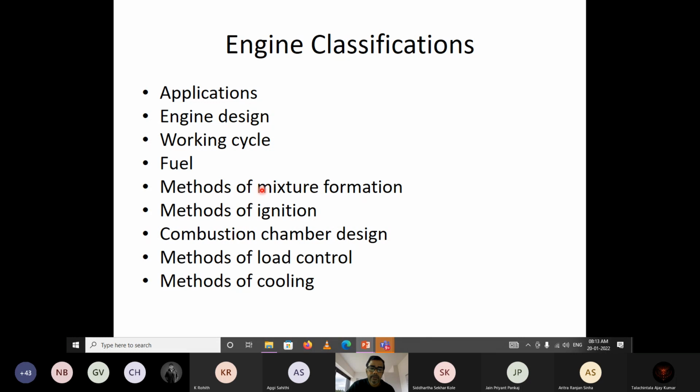What kind of technology are you using in order to inject the fuel? When we go into much more detail, we will find there are different kinds of fuel injection technology also. So depending upon how and where the mixing of the fuel and air is taking place, we can also classify the engine.